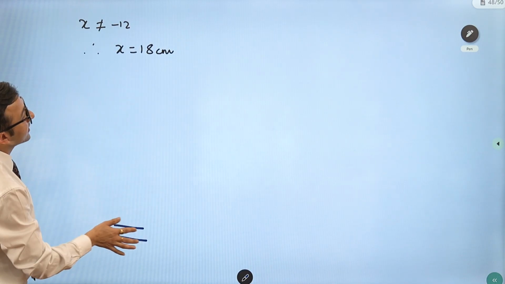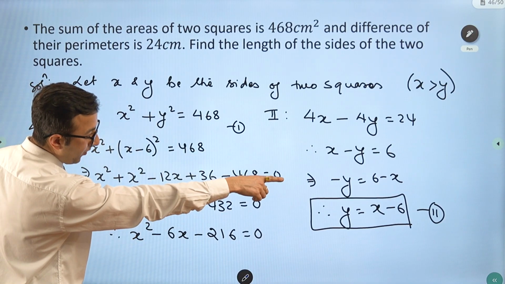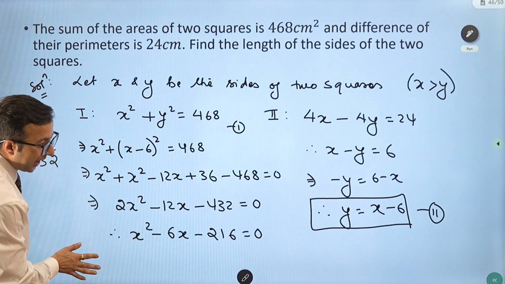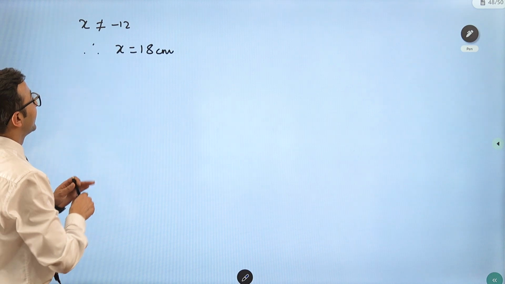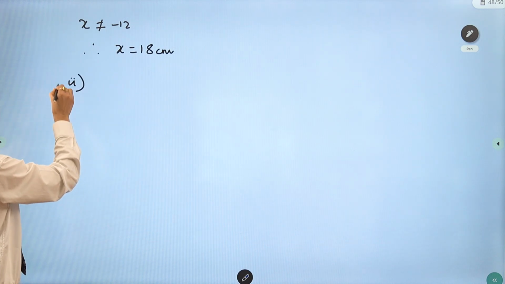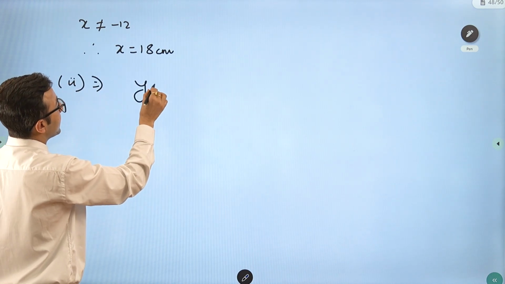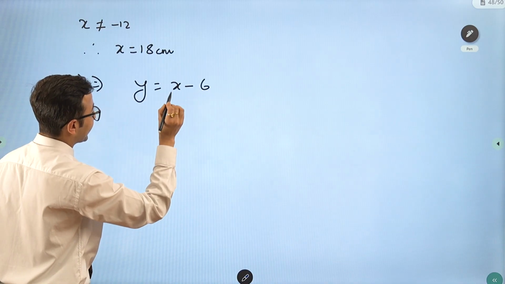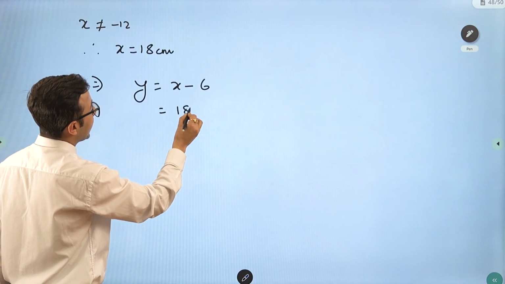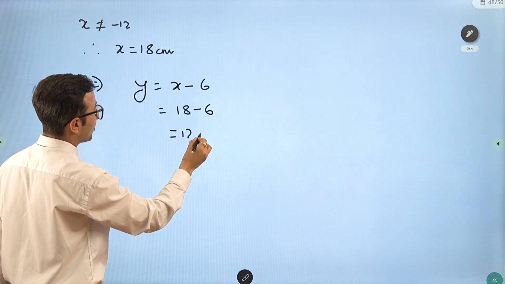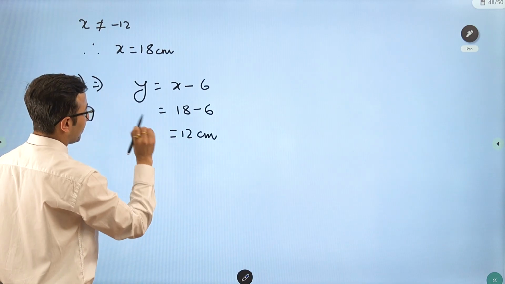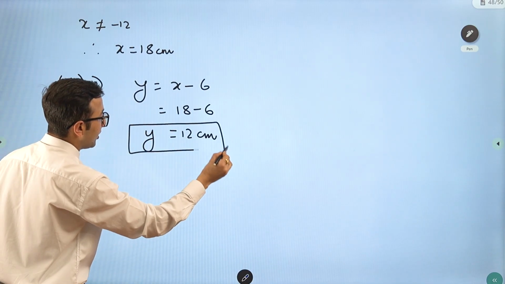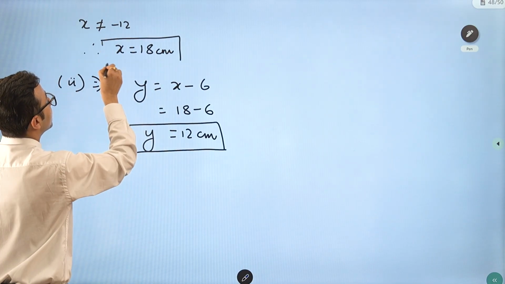To get the side of the other square, you can follow equation number 2, that is y is equal to x minus 6. Equation number 2 implies y is equal to x minus 6. So the value of x is 18, 18 minus 6 is equal to 12 centimeter. This is the actual answer of this question.